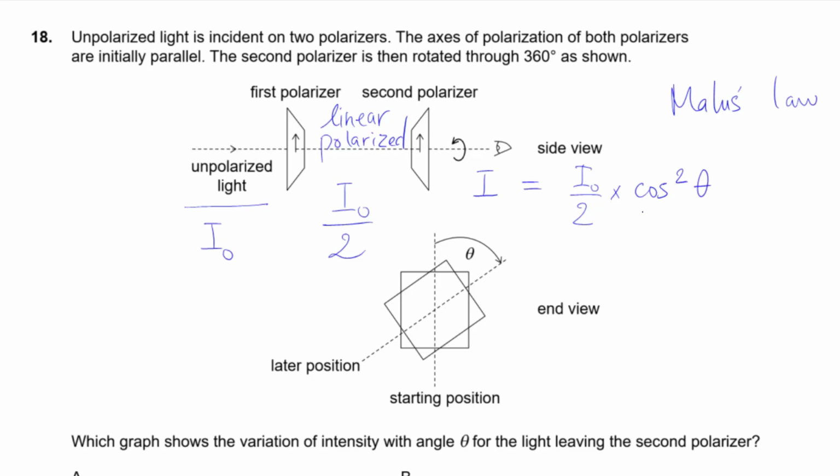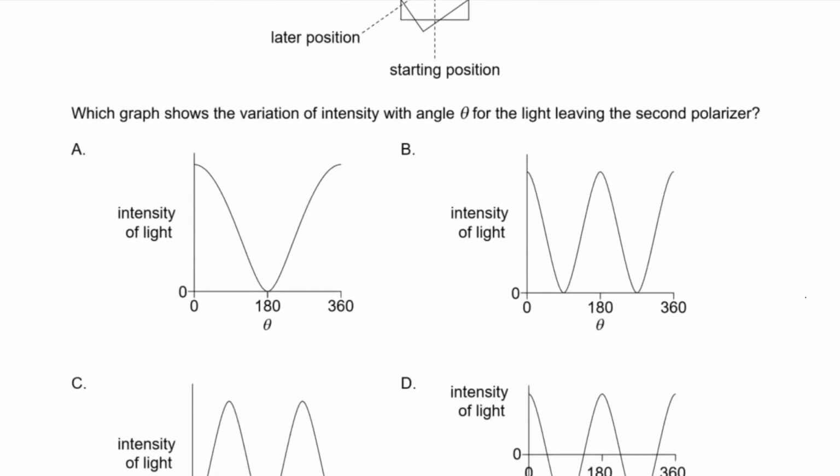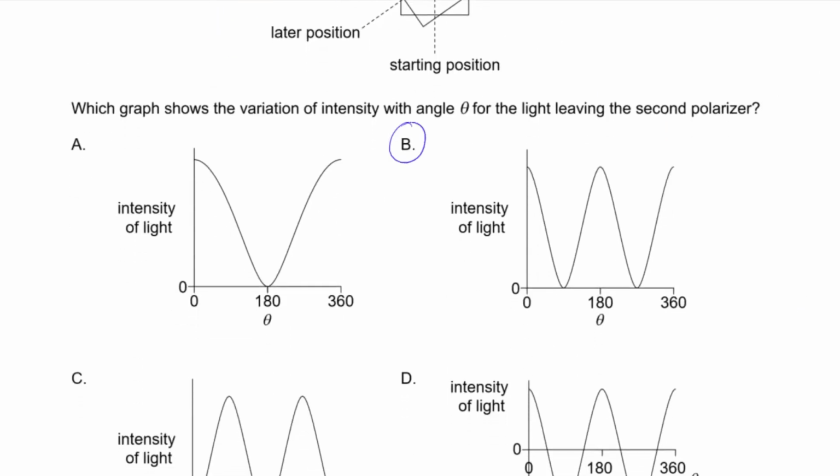So this is a square of the cosine function, and when we plot the graph of this function, we will have a graph like option B. So B is our answer.